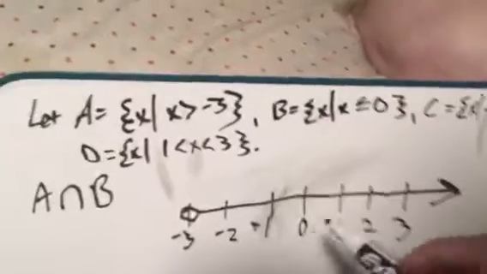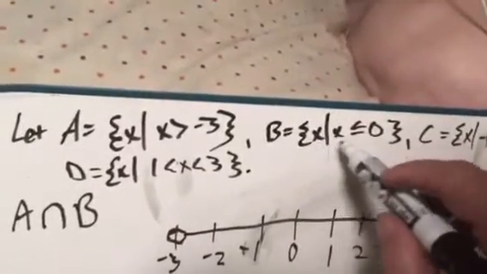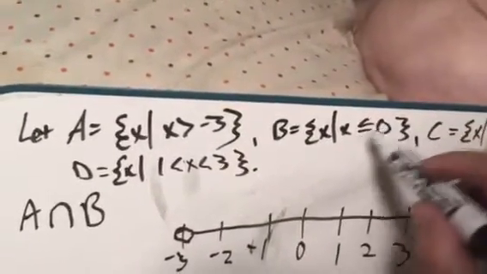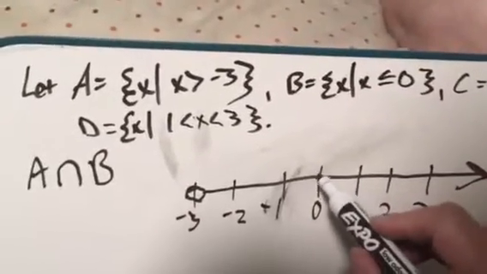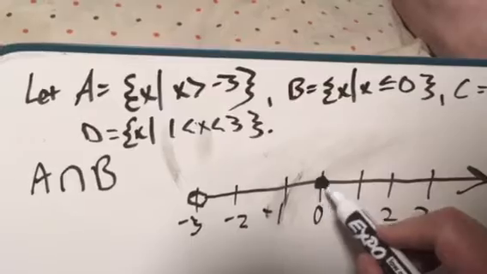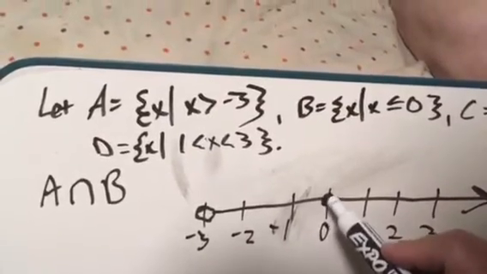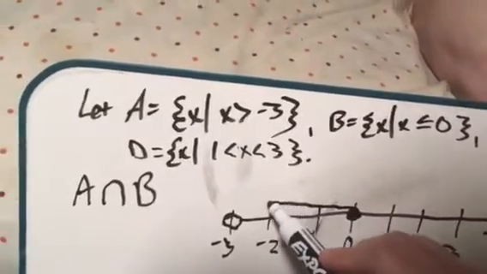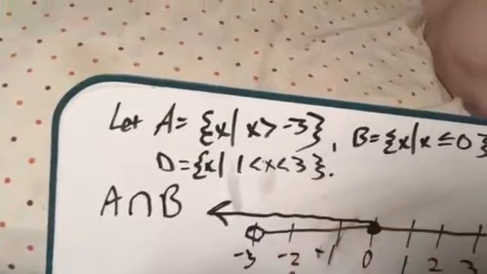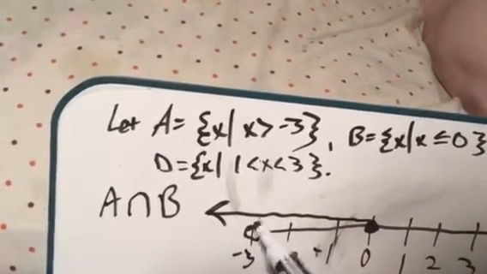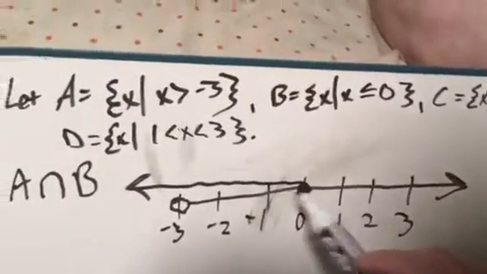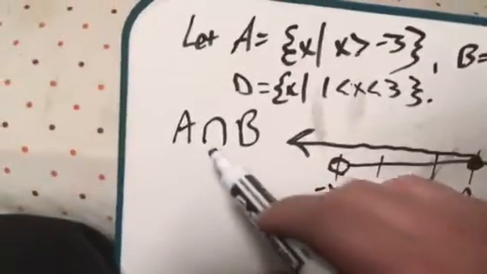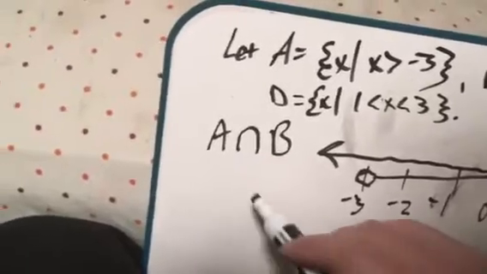And then if B is everything less than or equal to 0, that means it includes 0, so you do the colored in dot and it goes this way. So everything not including negative 3, but including 0 and everything in between them, is what this intersect is telling you.